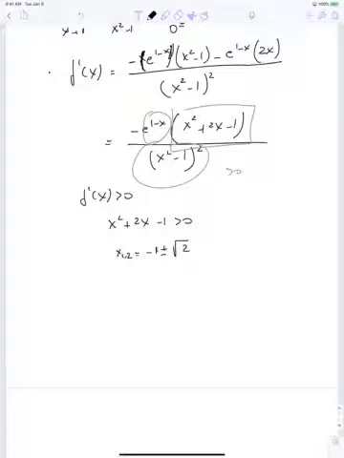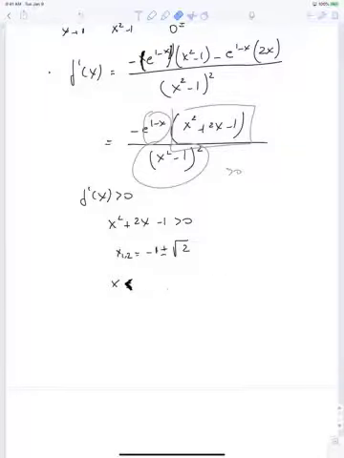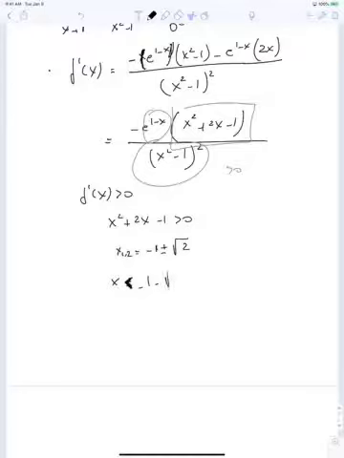So this quantity is going to be positive when x is less than minus 1 minus the square root of 2, and x greater than minus 1 plus the square root of 2.